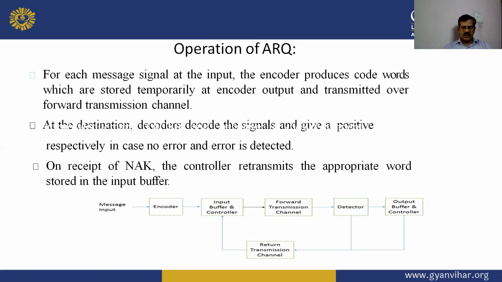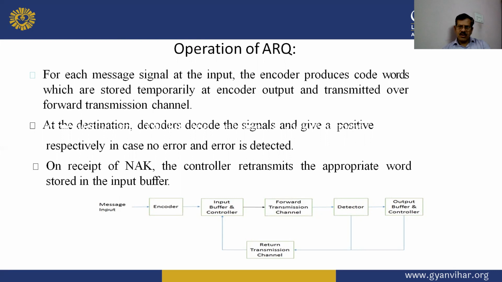So in this block diagram, the message input is applied to the encoder, and the encoder encodes this input message and applies it to the input buffer and controller. The buffer and controller also receive a signal from the return transmission channel, and the output of the buffer and controller is applied to the forward transmission channel.